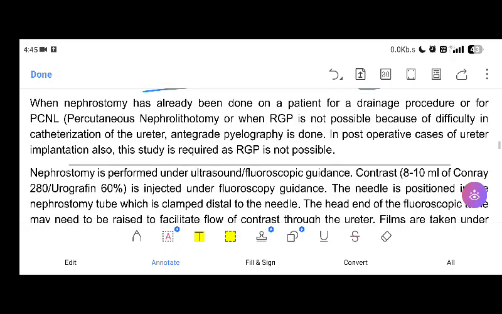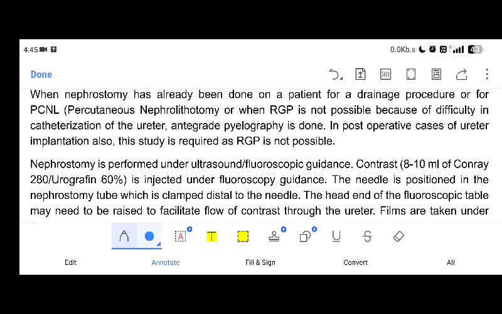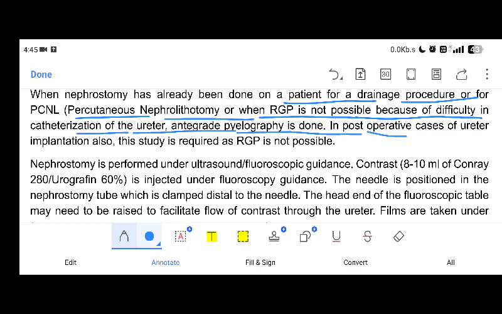So when a nephrostomy has already been done on a patient for a drainage procedure or percutaneous nephrolithotomy, or when RGP is not possible because of difficulty in catheterization of the ureter, antegrade pyelography is done. In post-operative cases of ureter implantation also this study is required, as retrograde pyelography is not possible.